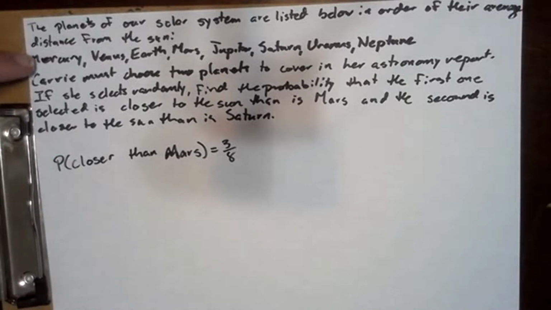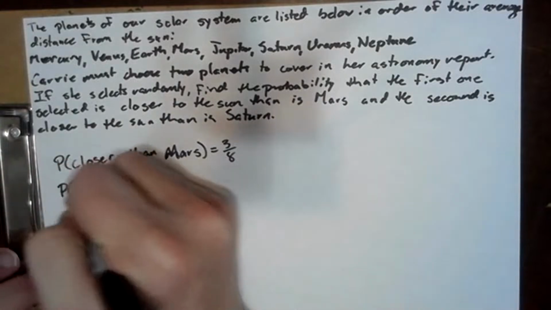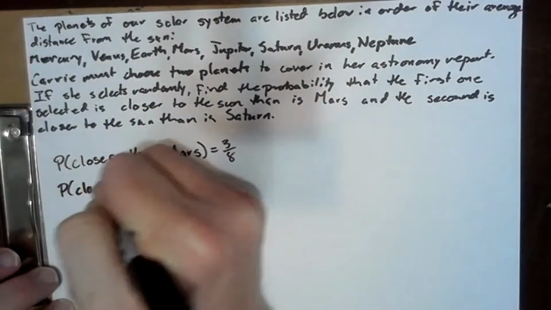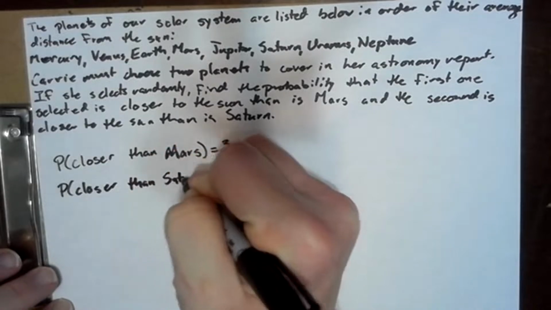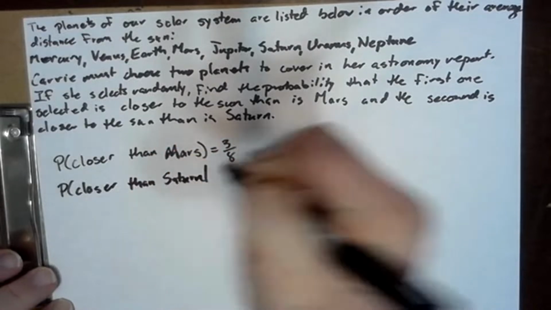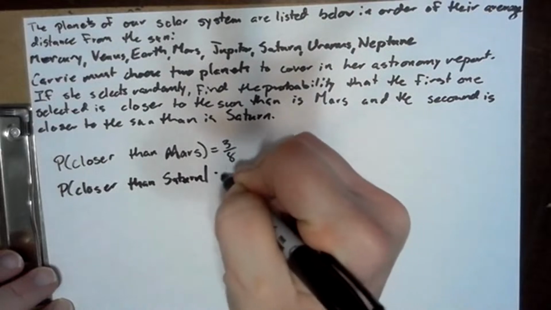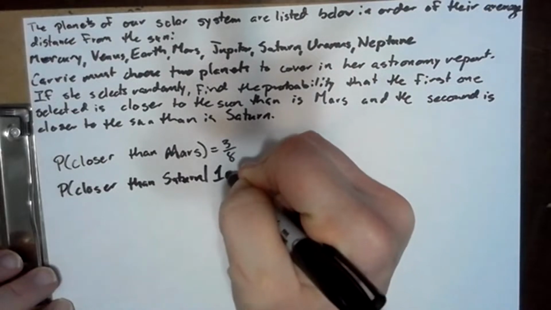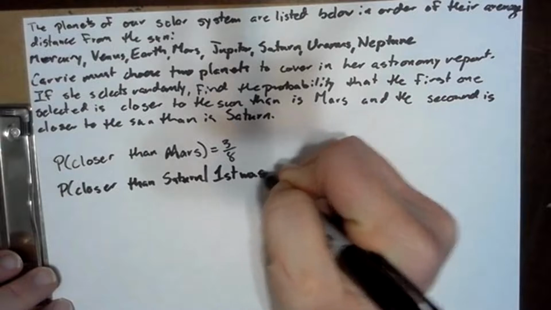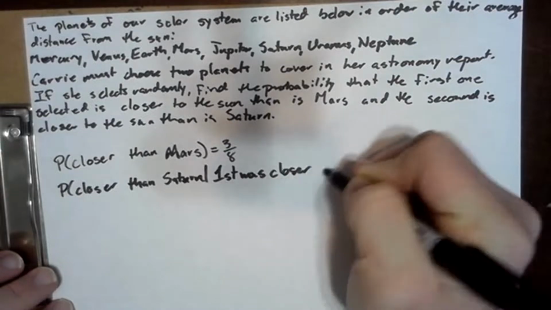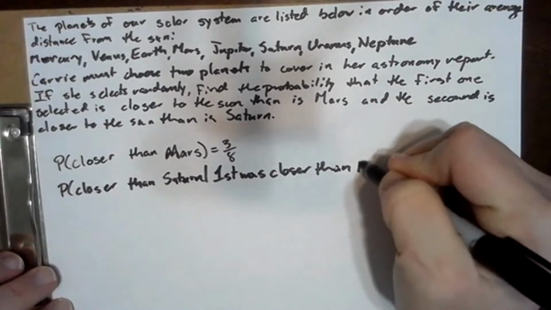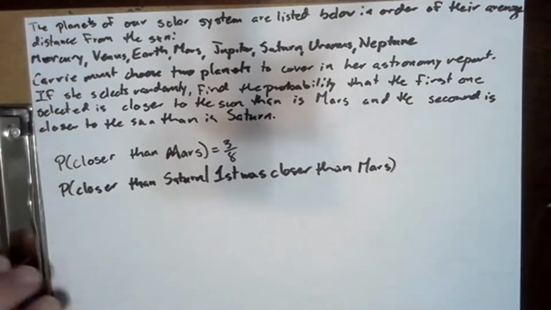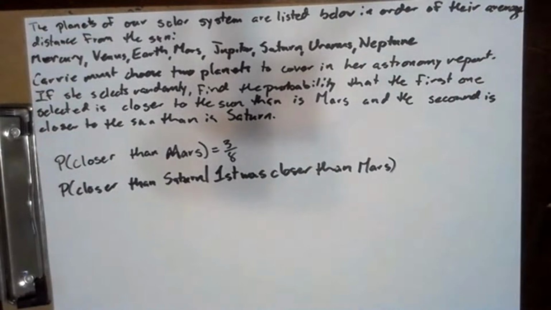Next, we want to know the probability that the second is closer to the sun than is Saturn if the first one was closer to the sun than Mars. So now we're looking for the probability closer than Saturn, given the first was closer than Mars. Well, we don't have to look at the specific probabilities here.